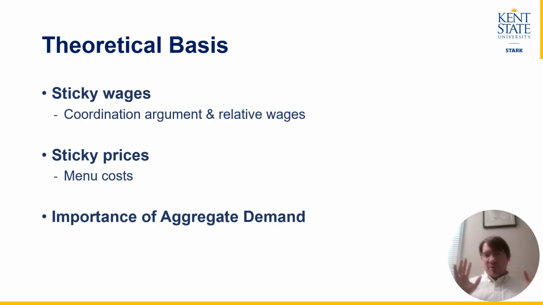So now let's get to the theoretical basis. Right, so what are the key components of the Keynesian theory that lead to the conclusions that come from it? The first component would be the stickiness of wages. Now, this is an argument that John Maynard Keynes makes in his General Theory of Employment, Interest, and Money, where he suggests that wages in particular are sticky downward, mostly for a couple reasons.